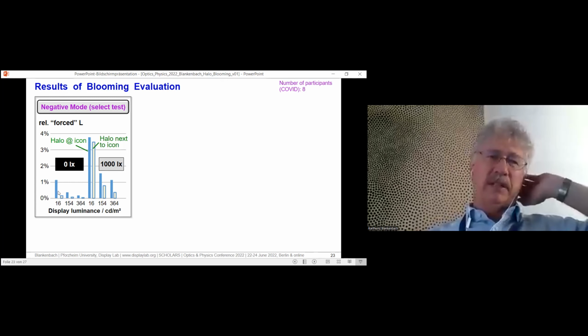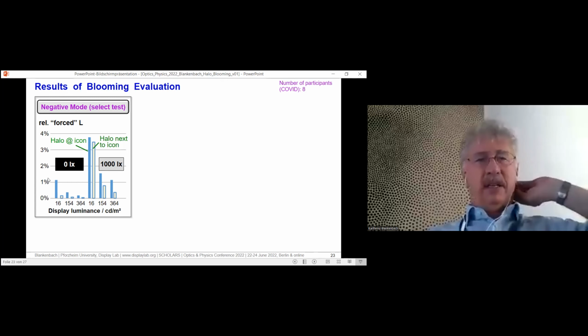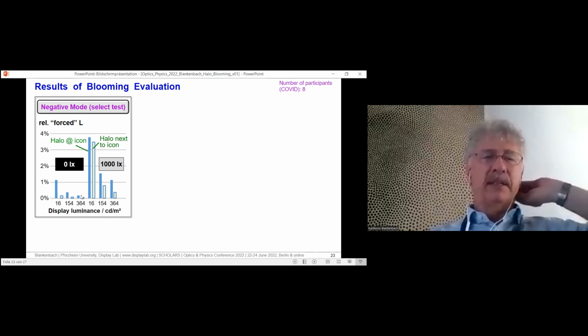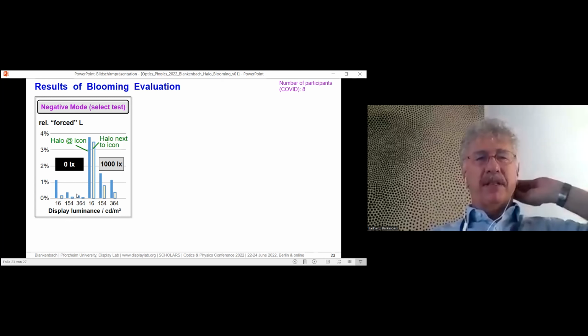However, 1% is in the same range as the viewing glare of your eyeball. And the more you increase, the percentage drops. This is, for instance, daylight condition here, 364 candela per square meter, and therefore halo is perceived more severe.